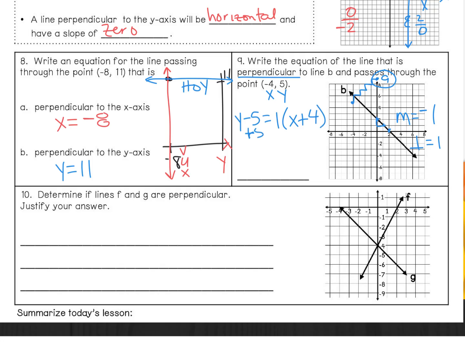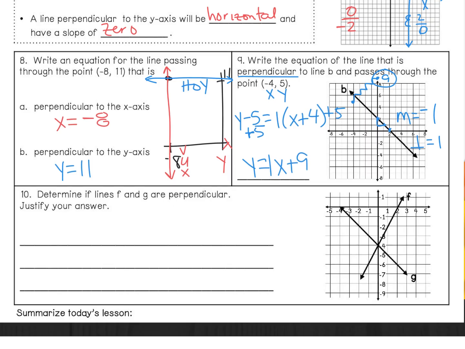Okay? Plus 5, right? So y equals 1x plus 9. So you can use the graph, but be aware the graph is not always going to go to whatever your y-intercept happens to be. So the safest bet is to just take your slope from your line that's given, find your perpendicular slope, and then use point slope.